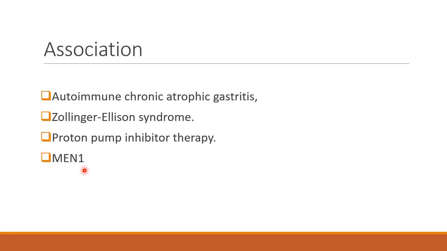The main one is multiple endocrine neoplasia syndrome 1, which is associated with pituitary adenoma, parathyroid adenoma, and pancreatic neuroendocrine tumor, along with carcinoid tumor of the stomach.